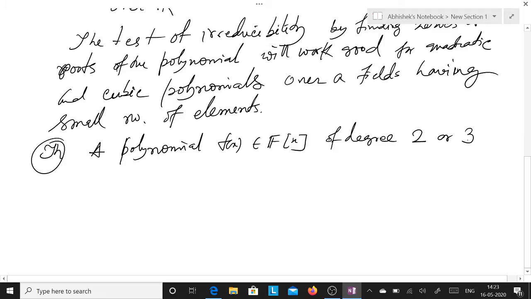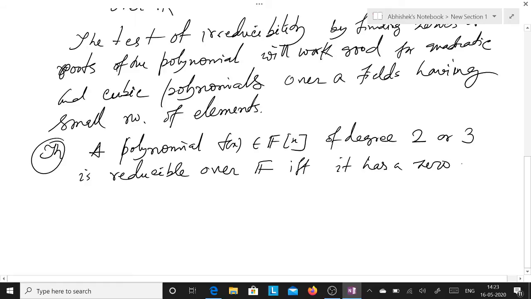A polynomial f(x) of degree 2 or 3 is reducible over a field F if and only if it has a zero in F. So this is an interesting criterion to test irreducibility of a polynomial over a field F which is of degree 2 or 3.